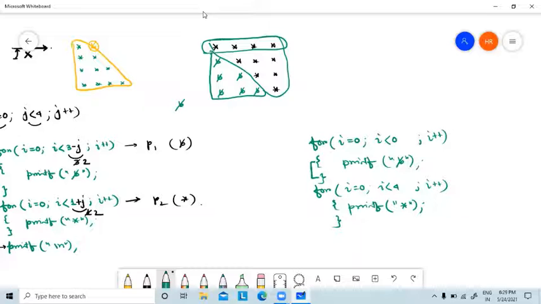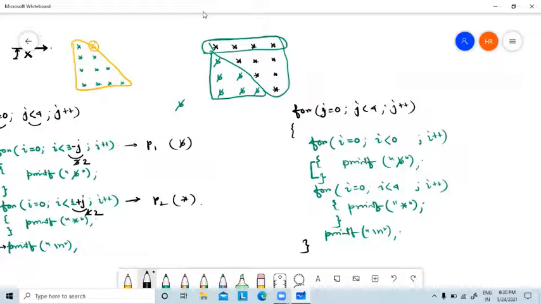Okay. After this, the new line printer is done. Now you need one for loop outside to repeat all these things again and again. So J less than 4, J plus plus, okay, up to this.